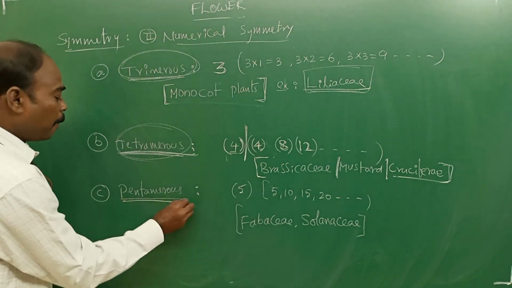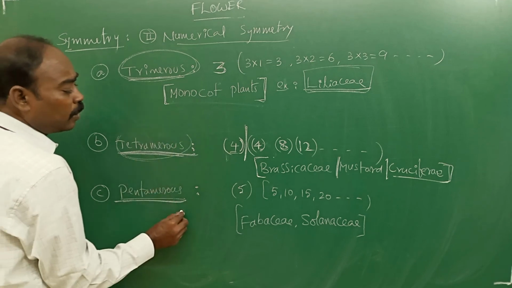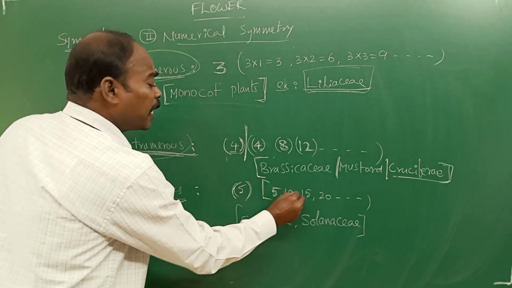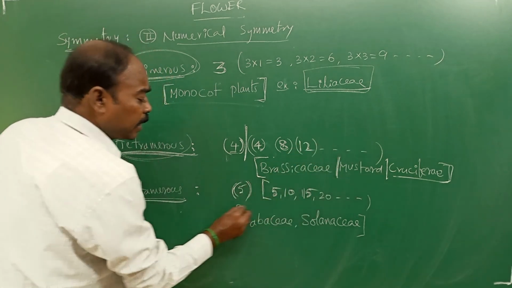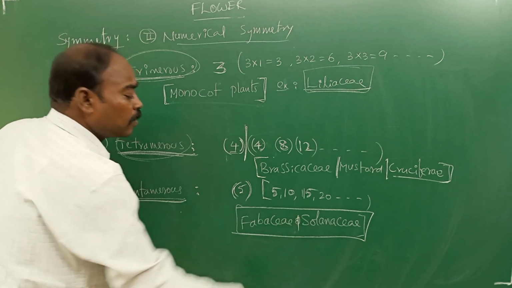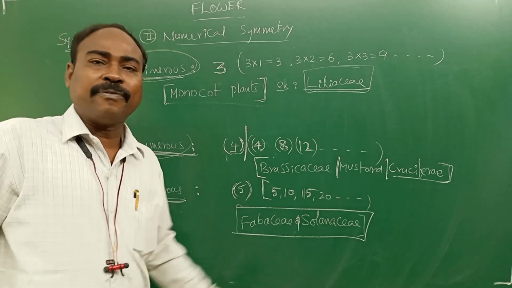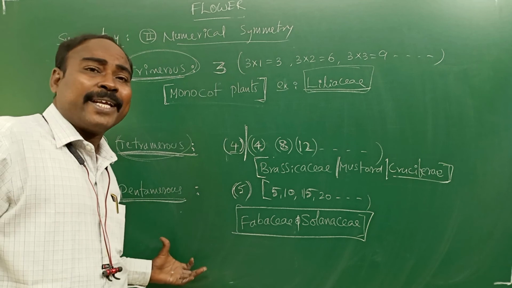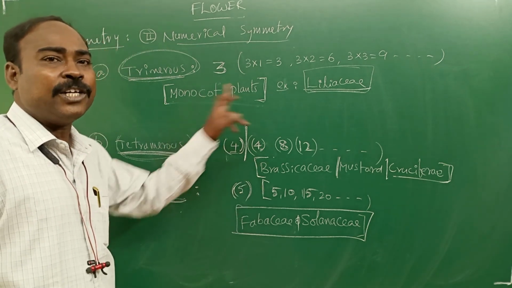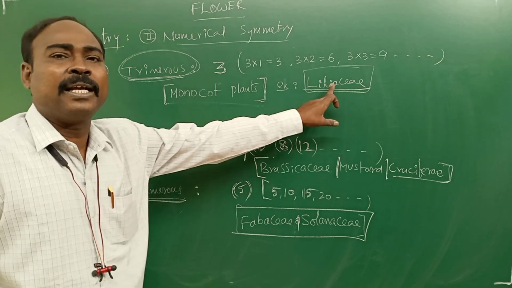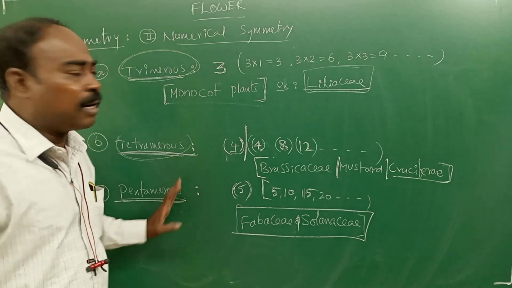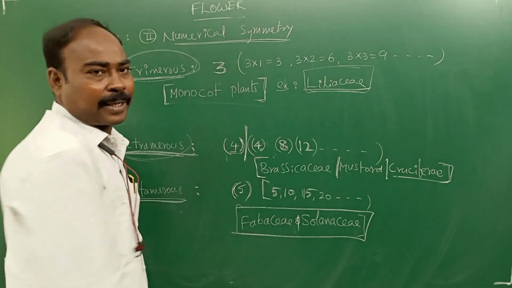Pentamerous means the floral leaves are 5 or multiples of 5 in number. Example, Fabaceae and Solanaceae. These three are numerical symmetry, right?